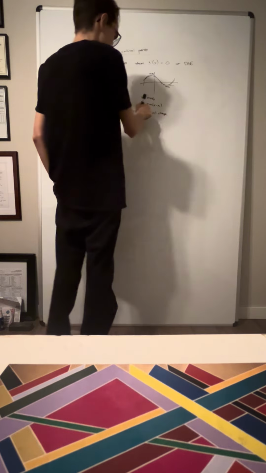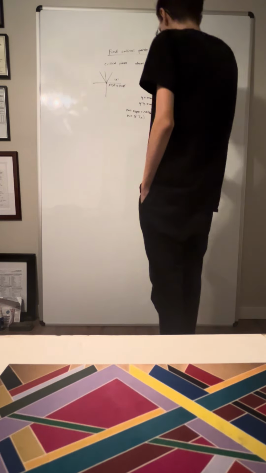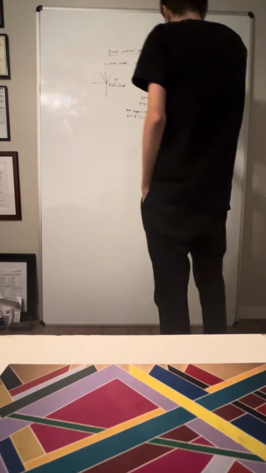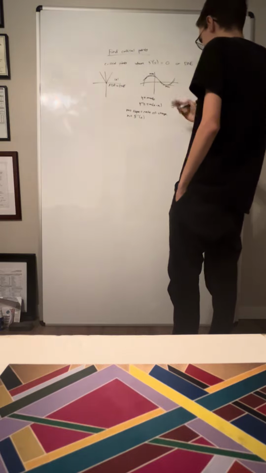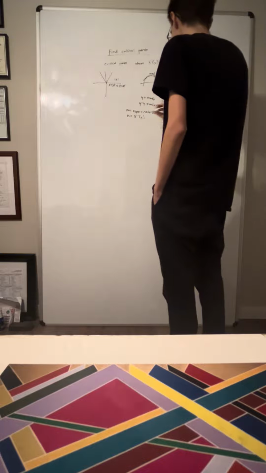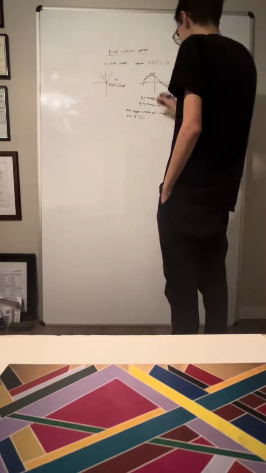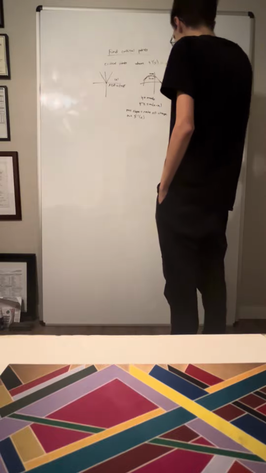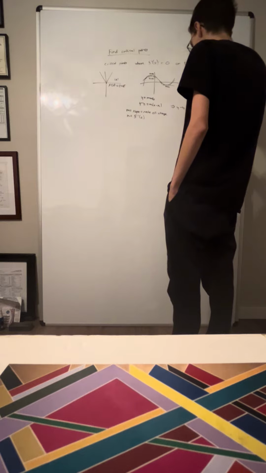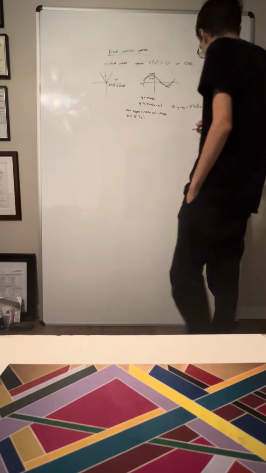So if we want to find any tangent line for any continuous polynomial like this, then our tangent line would be given for some point x1, y1 as y minus y1 equals f prime of x times x minus x1.